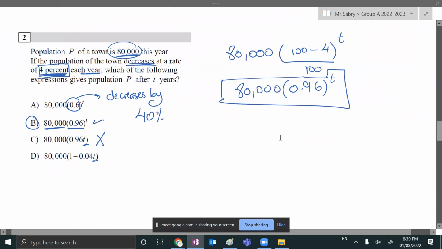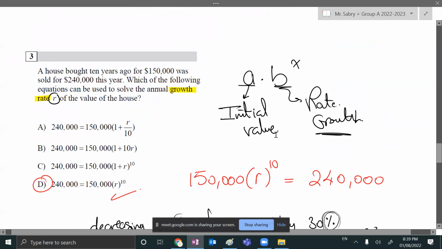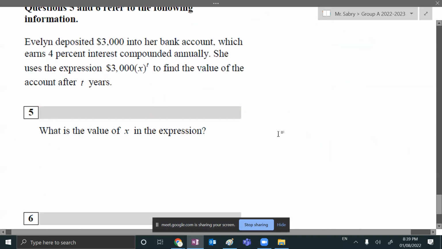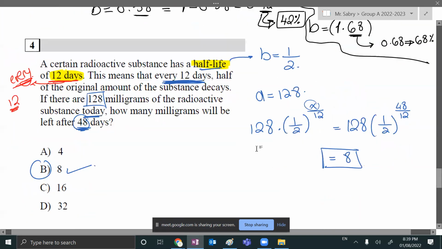We had another question, like this one. Radioactive substance has half-life. Because this word is half-life, B is equal to half. But it happens every 12 days, a half-life of 12 days.